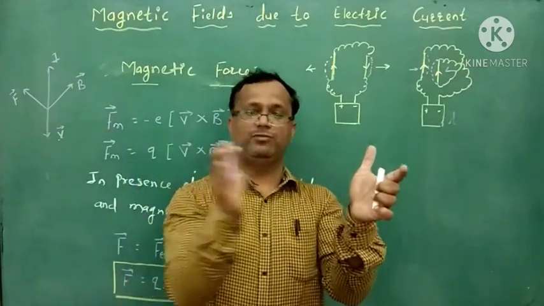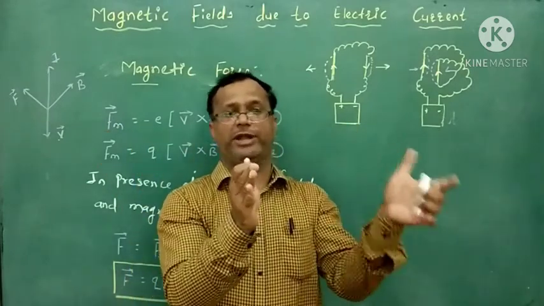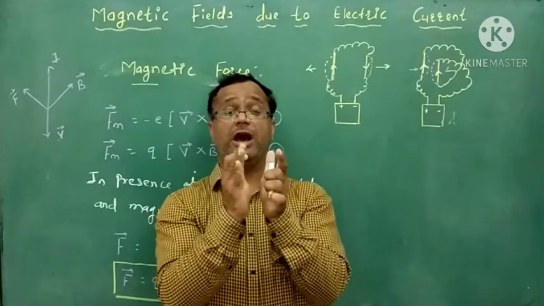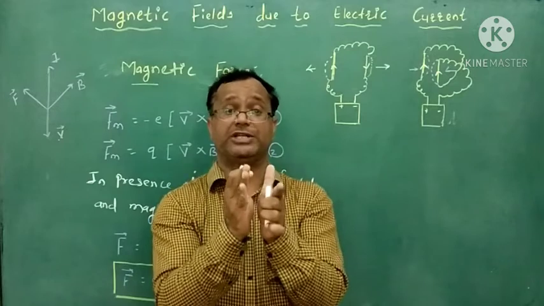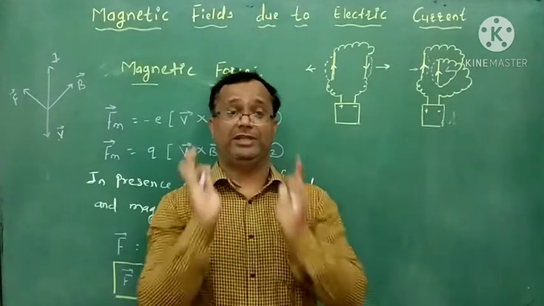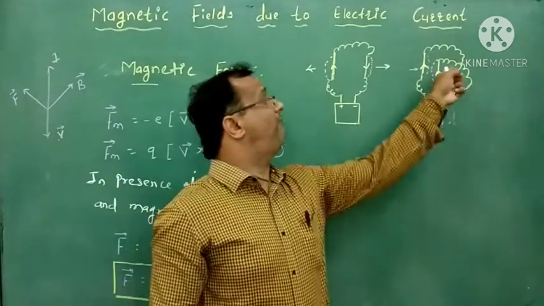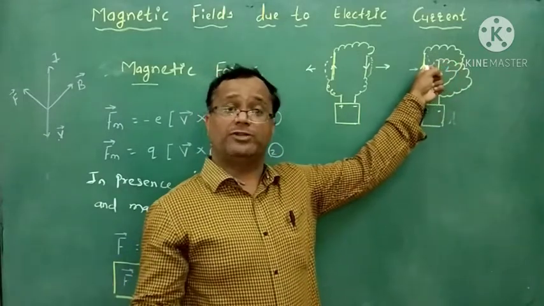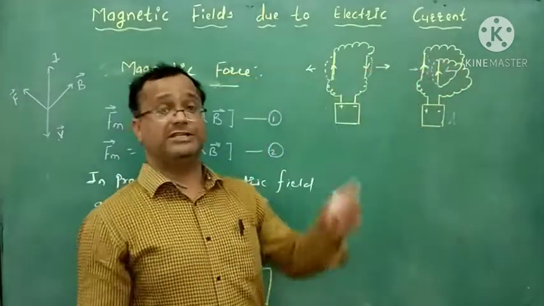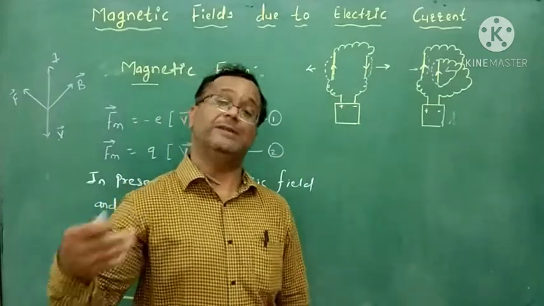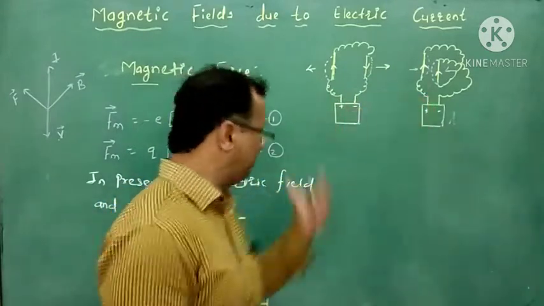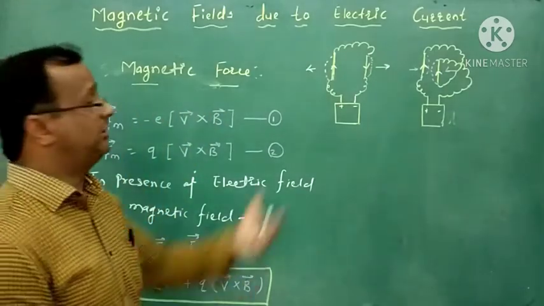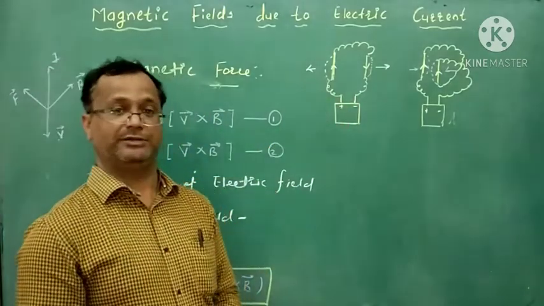First one moves from left to right and this is the right to left direction. It means that they come close to each other. And this happens only when the nature of force is attractive. It means that in this case the nature of force is attractive and for the other case the nature of the force is repulsive. Right? So in this way is the force acting on the conductors and their nature.